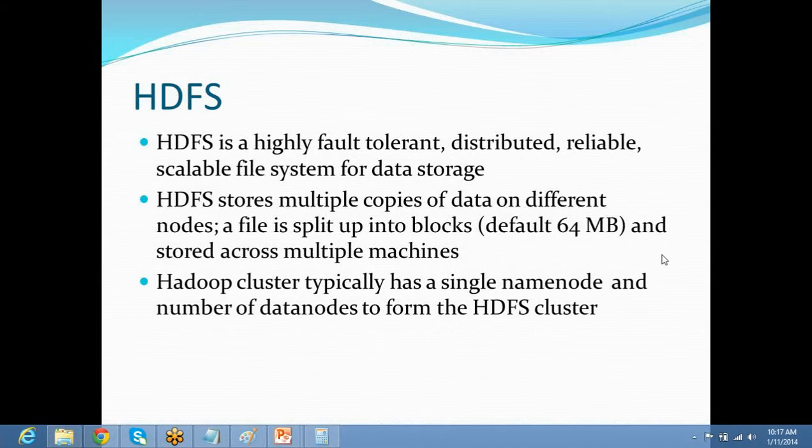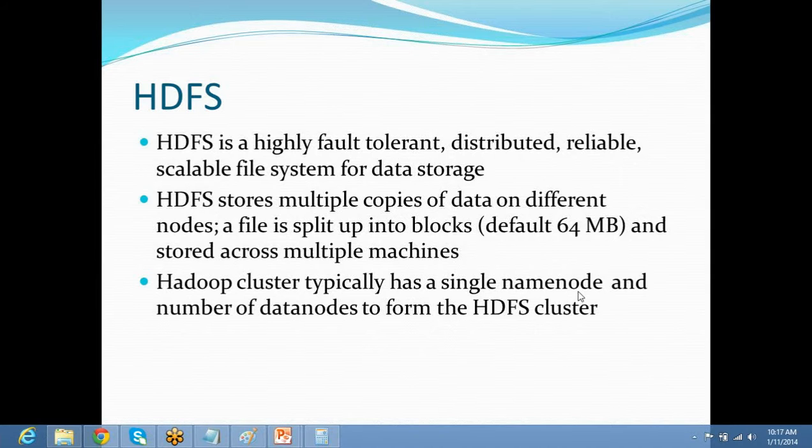One more question from Prince. Yeah, Prince. So Anish, we had just seen the term called fault tolerant. Prince, just a second. Actually, I was getting some disturbance from my background. Yeah, please go ahead. So on the first line it says HDFS is highly fault tolerant.